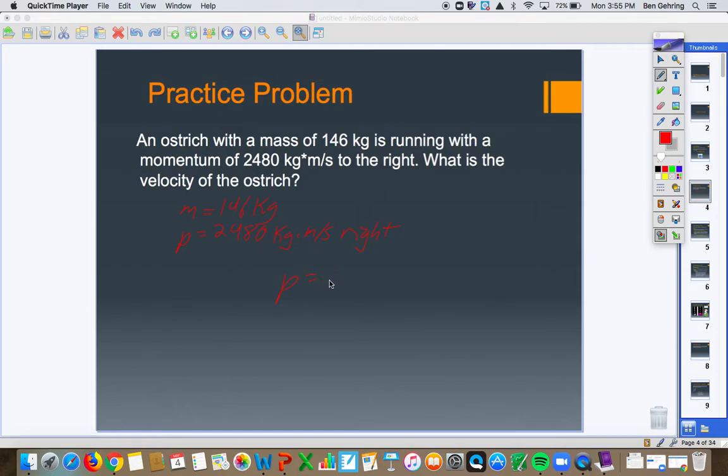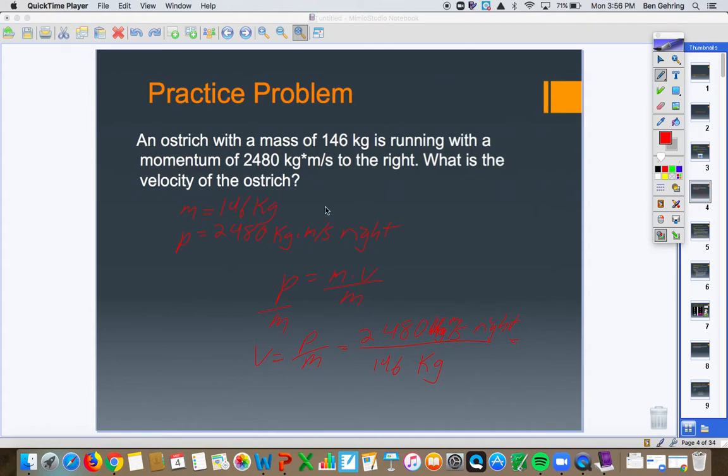So I know that P equals M times V, and I can get V by itself by dividing both sides by M. So V equals P over M, which means 2,480 kilogram meters per second to the right divided by 146 kilograms, and I should end up with a final velocity of 16.99, which is going to round up.